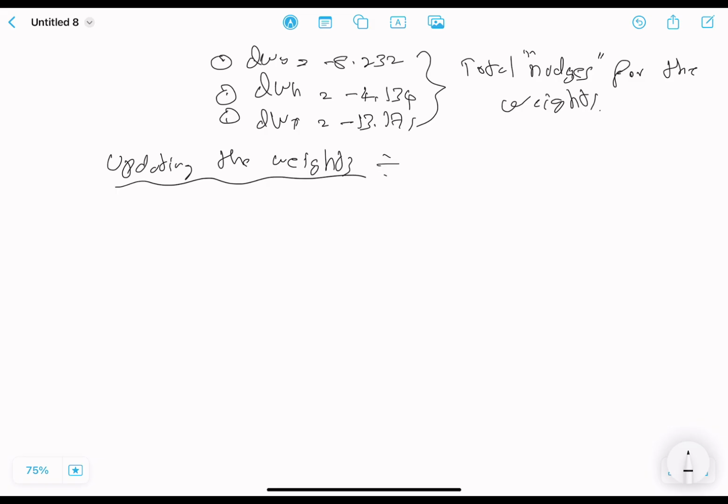When we are updating weights in a neural network, we are not directly going to update the weights by these numbers, right? We are always updating the weights by a small proportion, which is called the learning rate. For this example, let's define the learning rate as 0.01. Then if we multiply these values by 0.01, we get these outputs.